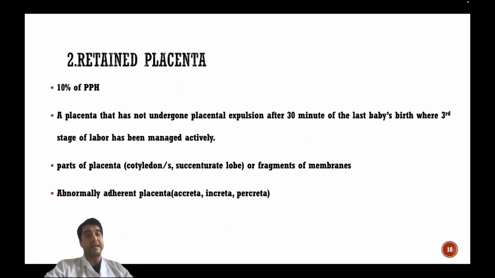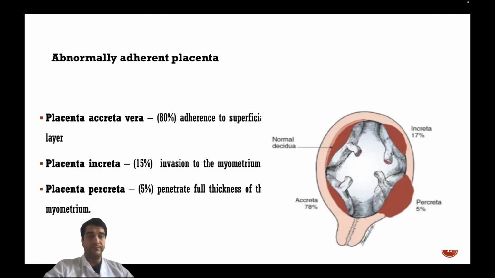Retained placenta is 10% of all postpartum hemorrhage. It is a placenta that has not been expelled 30 minutes after the baby's birth, where the third stage of labor has been managed actively. Parts of the placenta are cotyledons, succenturiate lobe, or fragments of membranes. Abnormally adherent placenta may be accreta, increta, or percreta. In this slide, you can see the types of abnormally adherent placenta.